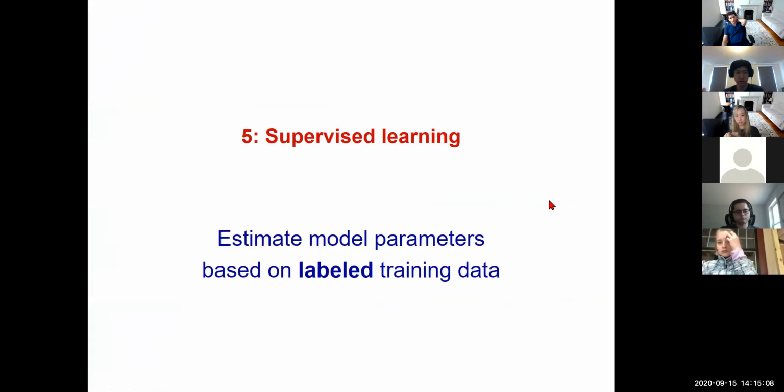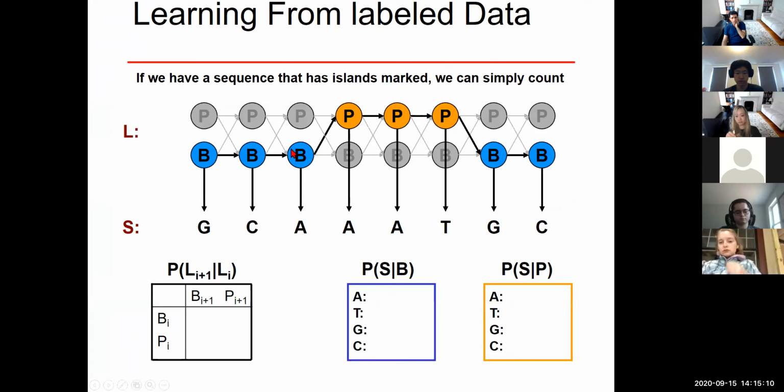If I'm given an annotation of my sequence, if I'm told that this is my sequence and this is the annotation, then I can infer the most likely parameters for emission probabilities just by counting.